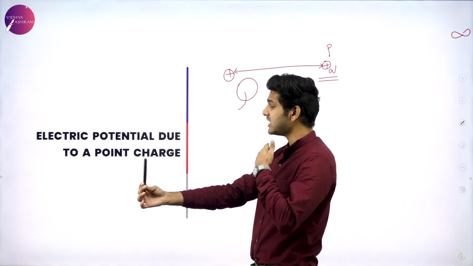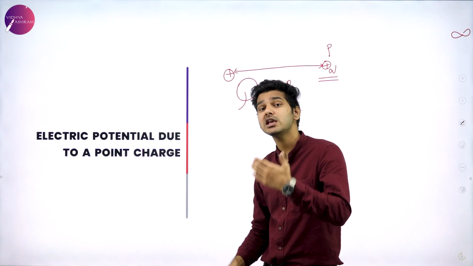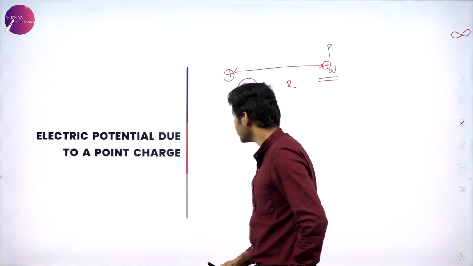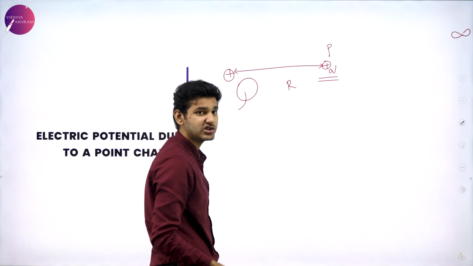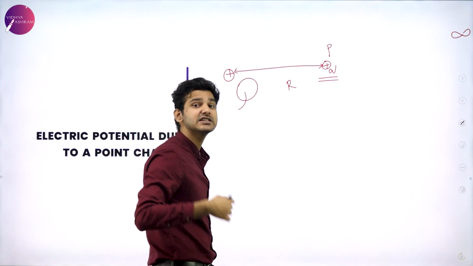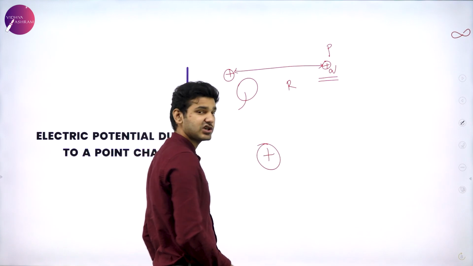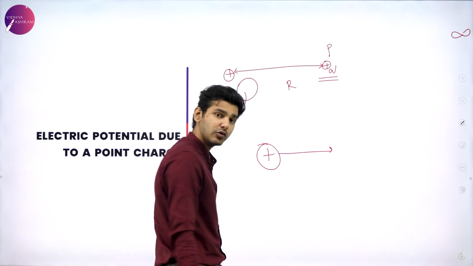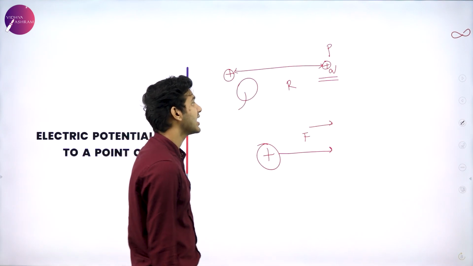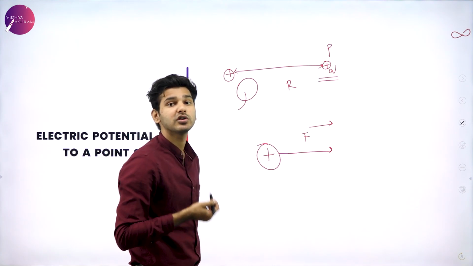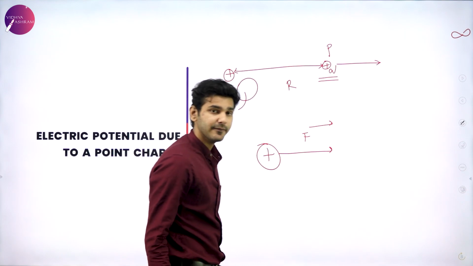So in order to stay in this particular position, let's say at position P, I have to apply an equal amount of force. We already know that there will be a force experienced by this particular charge, and that force is in the direction of the electric field. Since this is a positive charge, the electric field will be radiating outwards, which means that the direction of force will also be along this way.